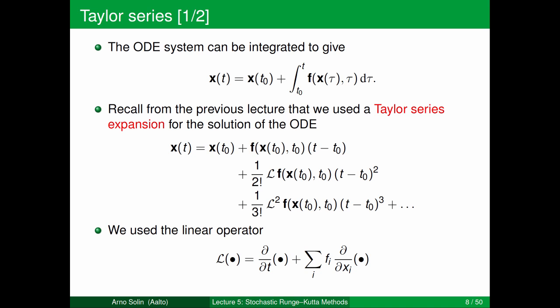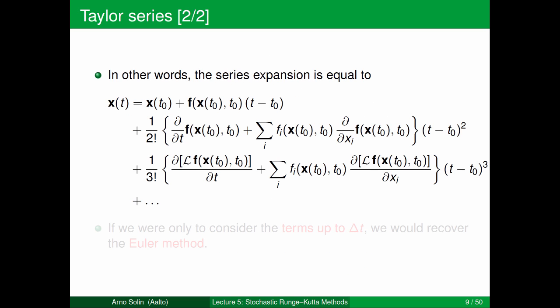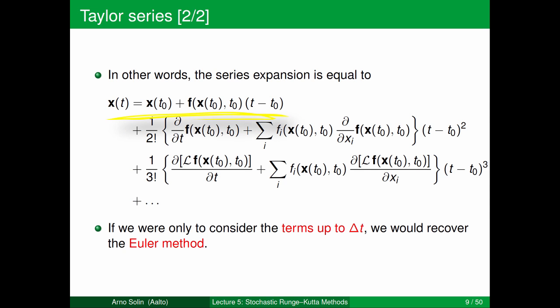Here the series expansion has been given in terms of the linear operator L. In other words, we get a series which looks quite complicated and gets even more complicated when you keep adding terms. However, if you take a close look at the first row, you recognize the simple Euler method there.